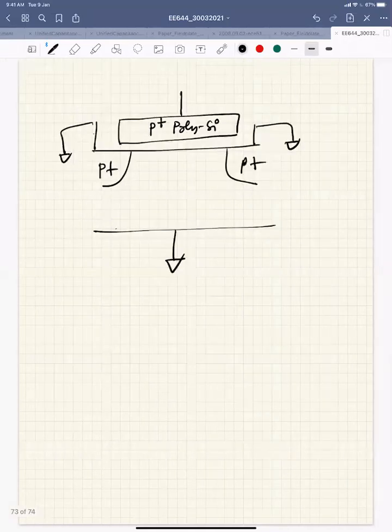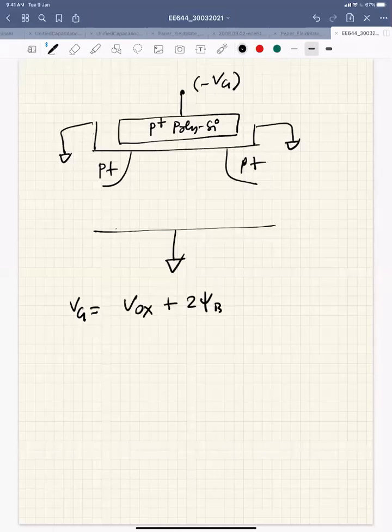Okay, so here you have to apply a negative gate voltage to invert it, right? And your surface potential will be negative, and also your voltage drop in the oxide will be negative, right? So you could also write Vg equal to Vox plus psi s.